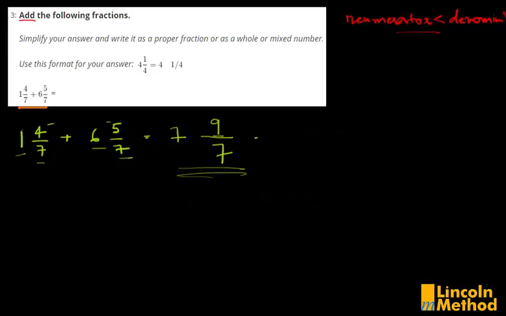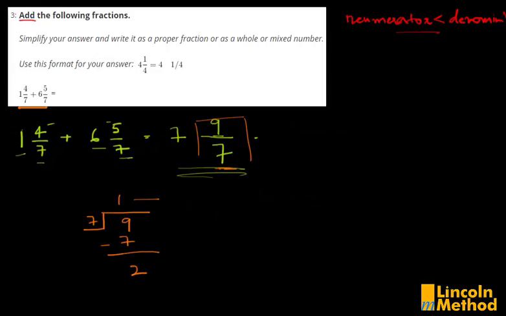So the way to work around this is to take this fraction and convert this into a mixed number. So we're adding mixed numbers, but the answer that we have here has a numerator that is larger than the denominator, so we have to convert this particular fraction into a mixed number as well. So we have 7 here and 9, and if I divide this, 7 ones are 7, and I'm left with 2 here.